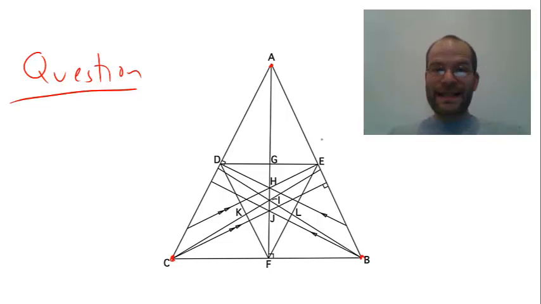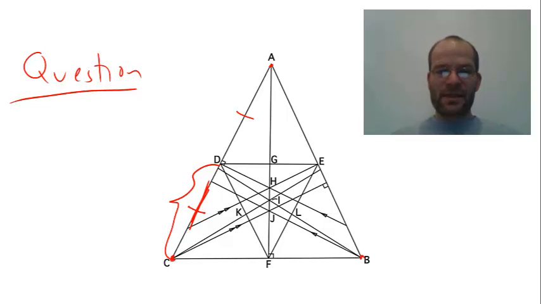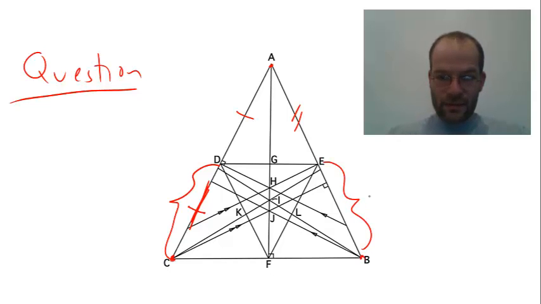Mid-segments, of course, there are none identified here, but if I came along and told you that AD was congruent to CD, and of course it's a little difficult in the diagram to show, because what we need is congruence here, not just here. But if I told you that AD was congruent to DC, and that AE was congruent to EB, and that CF was congruent to FB, then I asked the question, are there any mid-segments?